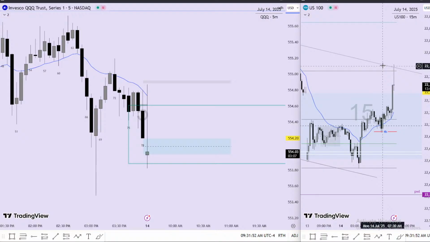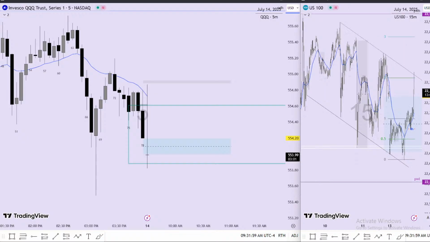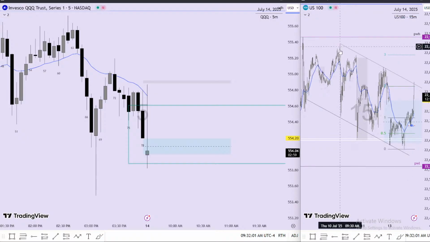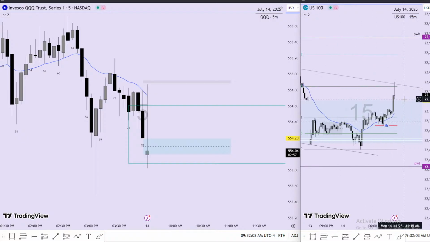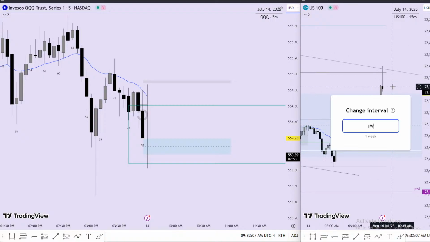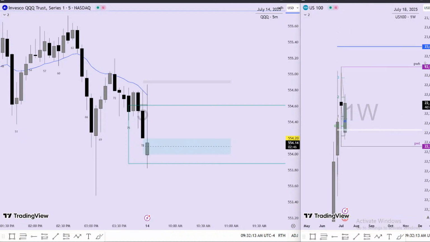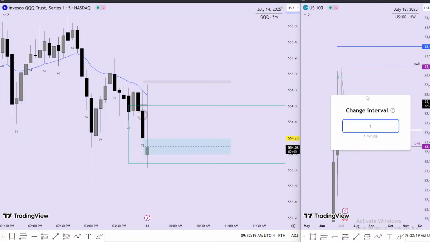We are getting strongly rejected from that point. See this bear channel. Since last week was a doji candle, it's basically an 80% probability that we are going to take the low and the high of the previous candle.